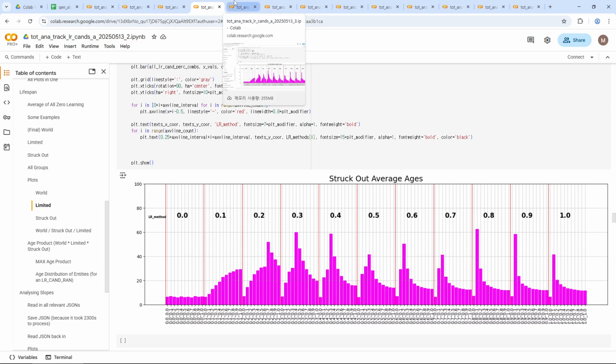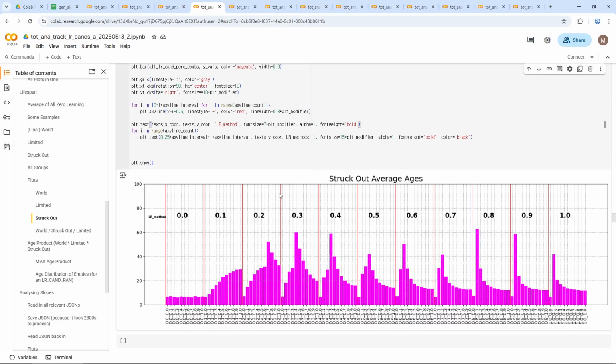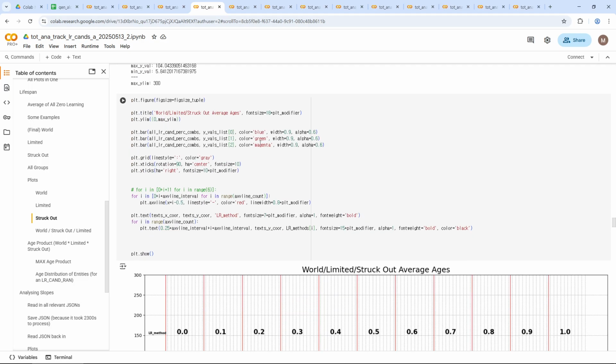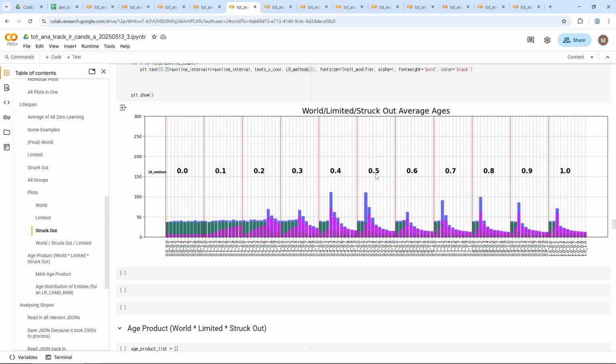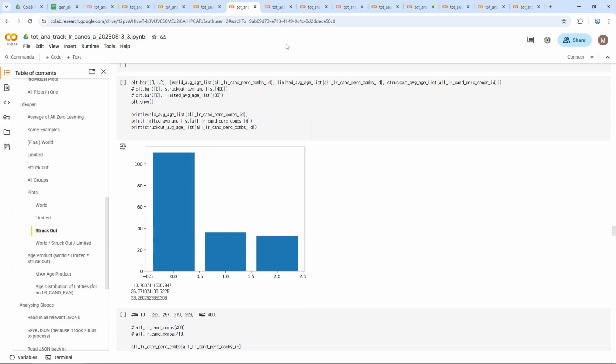So it seems that favoring the top entities usually ends up increasing the lifespans of entities in all groups in the world, in limited and in struck out. Is that a good thing? I don't know. Everything on top of one another. There we go. On to the next one.